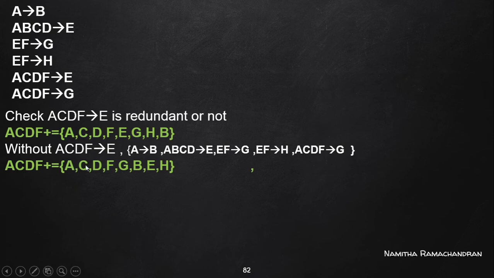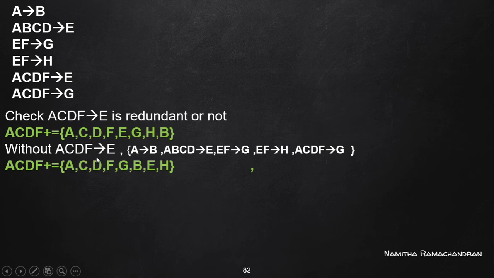ACDF can derive G. This EF can derive H. Okay, that means it is clear that the closure sets are equal. Without the dependency ACDF implies E in the set, the ACDF closure can derive the attribute set which is equal to this particular set.